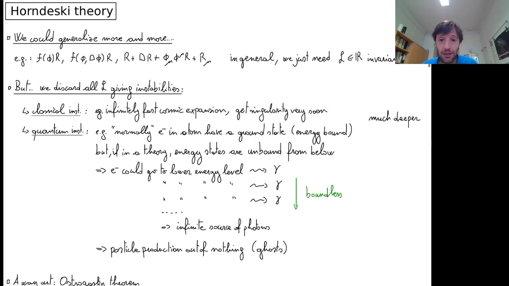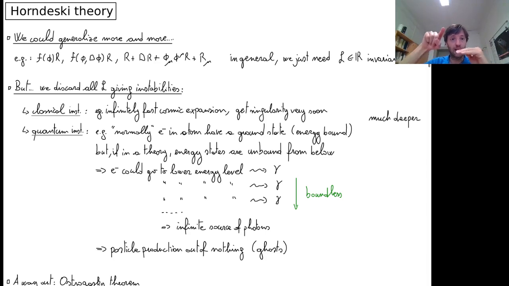Another kind of instability might be something more intrinsic, or if you wish, even more to the core of physics, which are of quantum nature. I give you an example here. You know, for example, that electrons can decay from higher orbitals to lower energy ones, right? And every time they are going to emit a photon. When do they stop? When they hit the ground level.